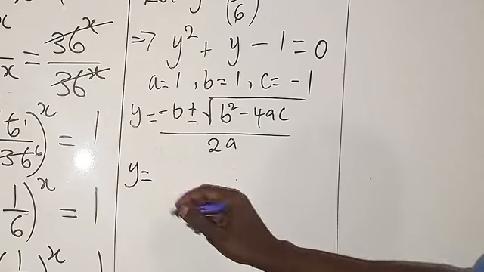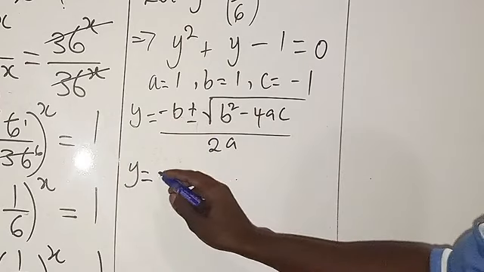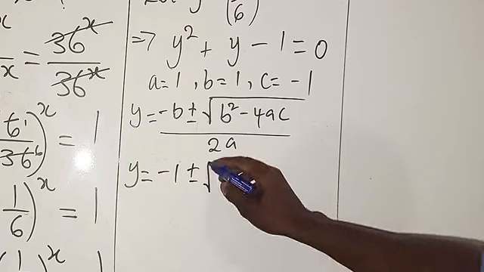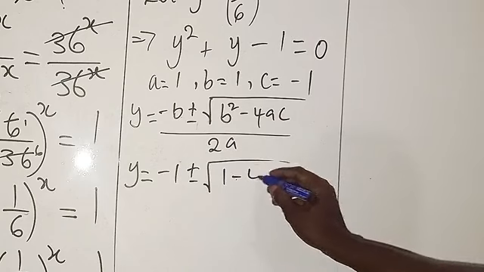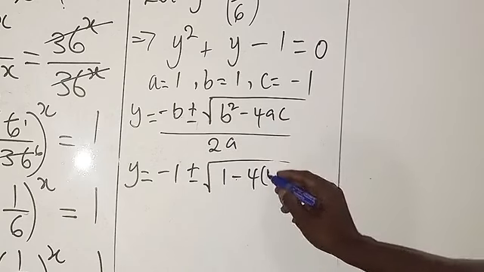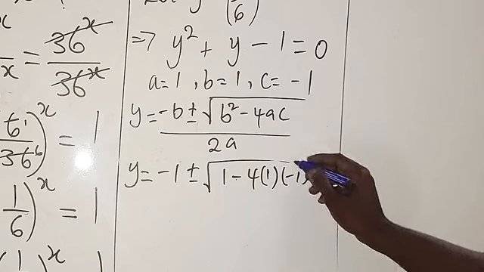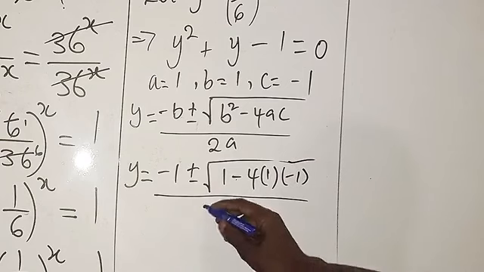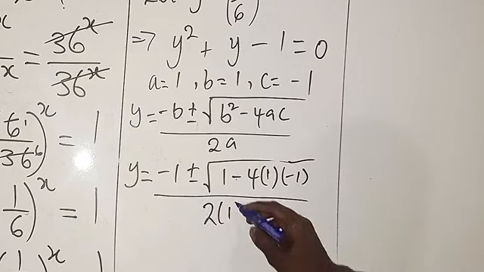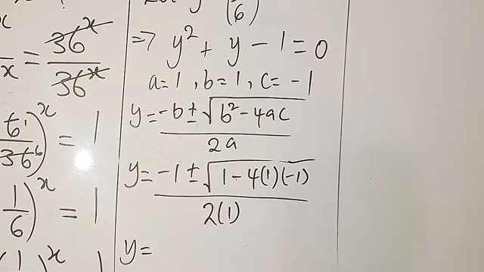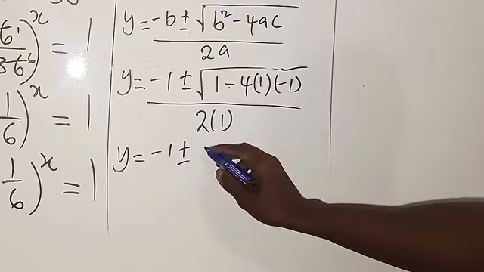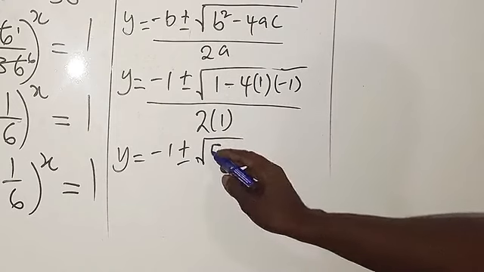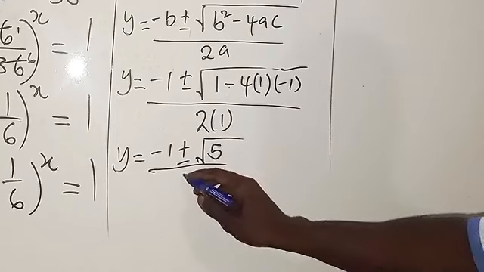My b is 1, so we have minus 1, then square root, b squared is 1, minus 4 times a, which is 1, times c, which is minus 1, then divided by 2a, which is 2 times 1. So we have y equals minus 1 plus or minus the square root of 1 minus 4 times minus 1, that's going to give us 5, then all over 2.